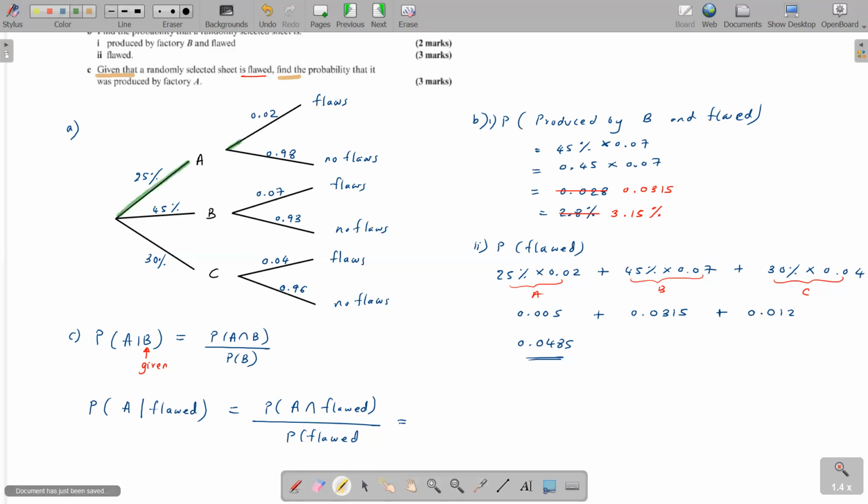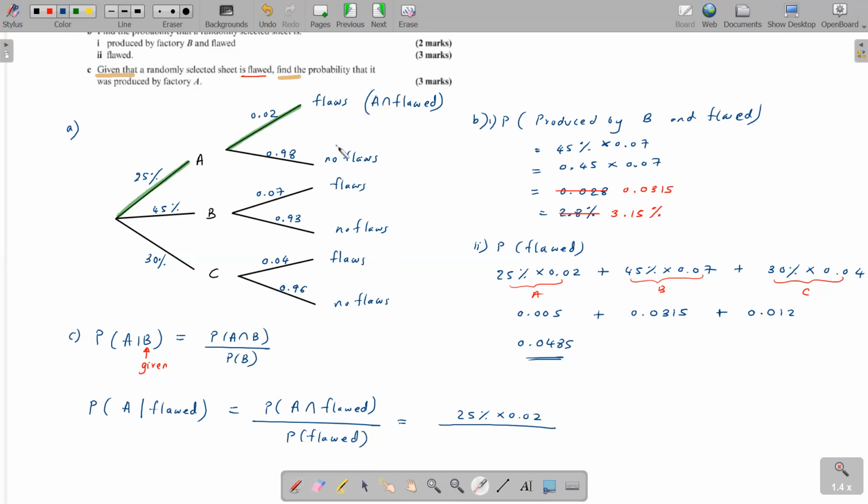This is the probability of getting flawed from A, because it's A intersection flawed. That means this branch, right, guys? So that's going to be 25% times 0.02, divided by the probability of flawed.